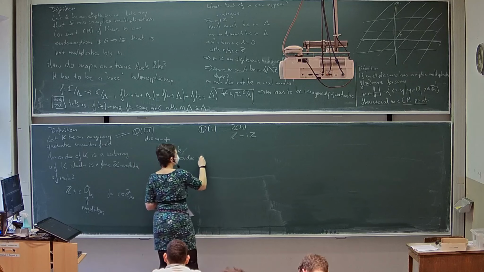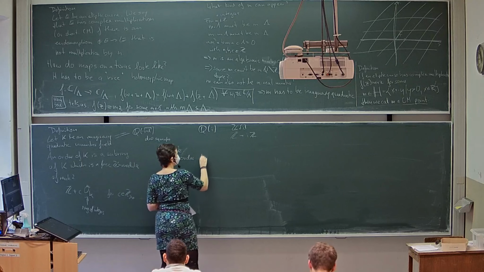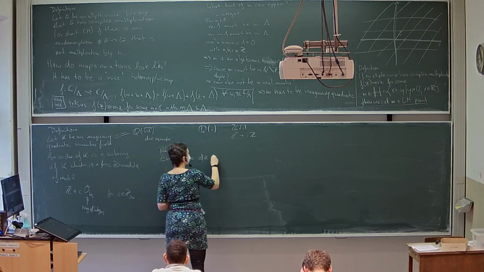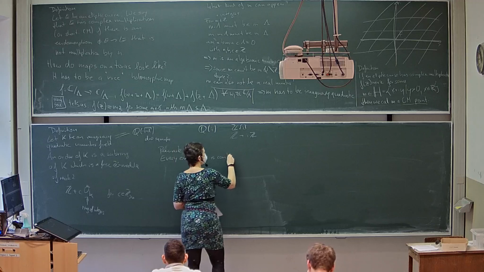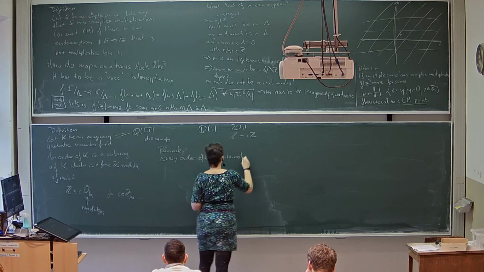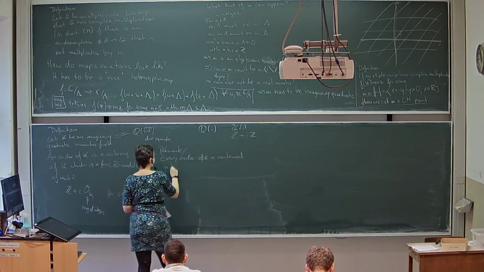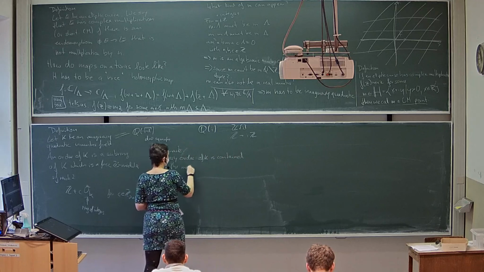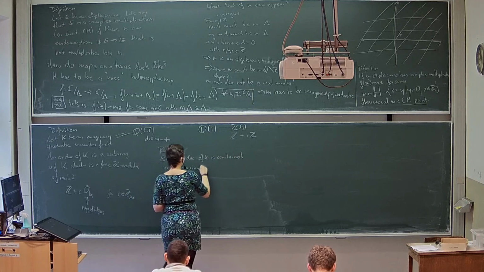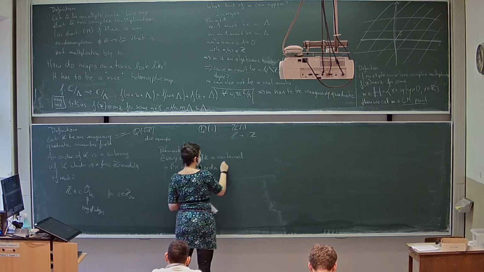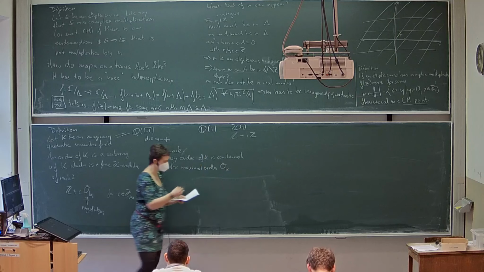Every order of K is contained in the maximal order OK, which is the ring of integers.